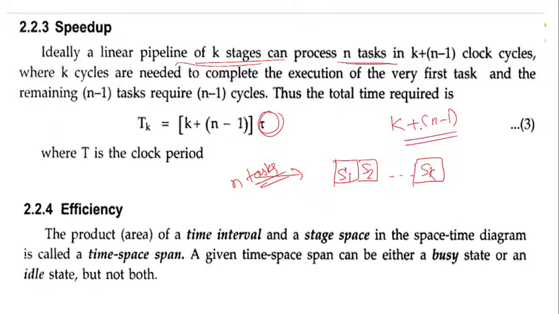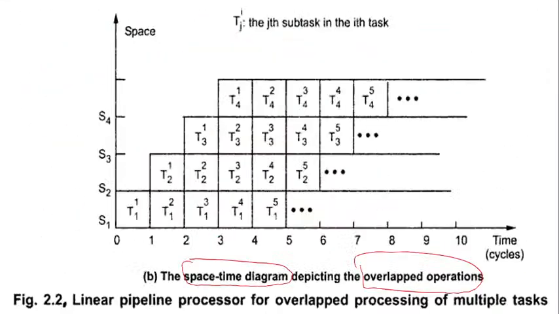cycles, where k cycles are needed to complete the execution of the very first task. And the remaining, see here, up to this k cycle, as many as the stages. Here the first instruction is executed at the end of the clock cycle 4.